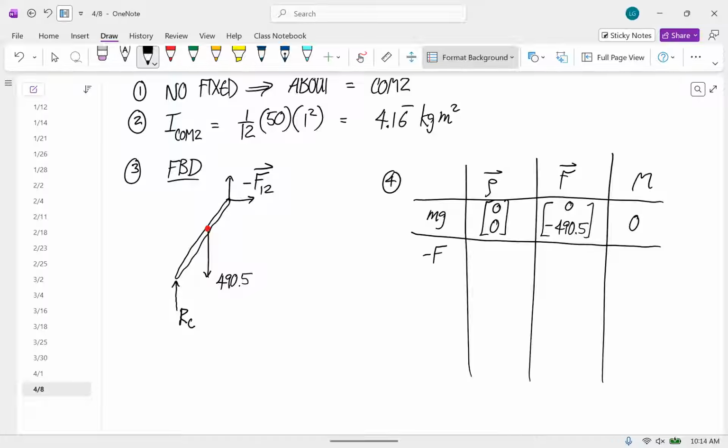Then we have the force negative F12. So let's see. From the red dot to here, the whole thing has a length of 1 meter. So from the red dot to the end is a distance of 0.5. It's at an angle of 60 degrees counterclockwise from the horizontal. So this is 0.5 times cosine and sine of 60 degrees. Cosine and sine of 60 degrees gives you a unit vector that is 0.5, 0.866. And 0.5 times that is 0.25, 0.433.